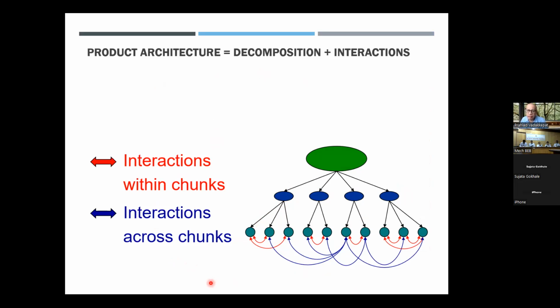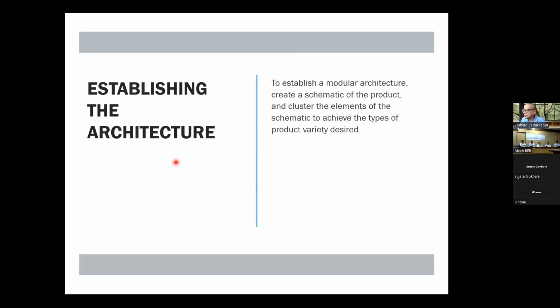In PCB design also, you may be very much aware of the heat dissipation as well as any electromagnetic interference or interactions, you have to be very mindful. So you have to establish the architecture. We have to have a schematic, cluster the elements, and achieve the type of product variety desired.